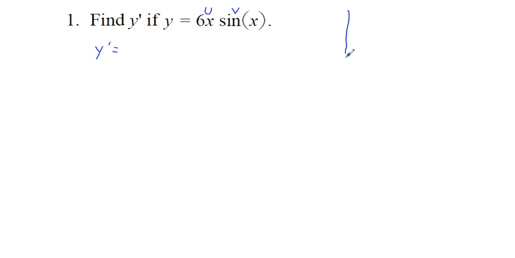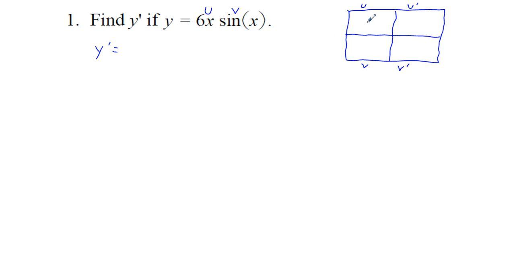To make this easier and more organized, I draw a box, in the upper right, with 4 cells. It doesn't need to be a really neat box. That one's not so neat. But you put u prime up top, and at the bottom you put v prime.